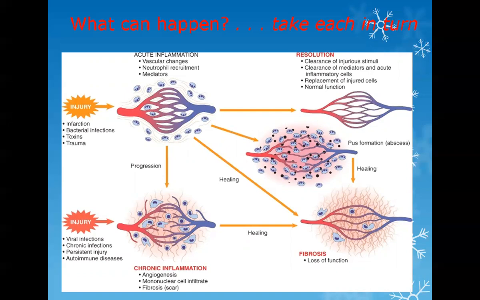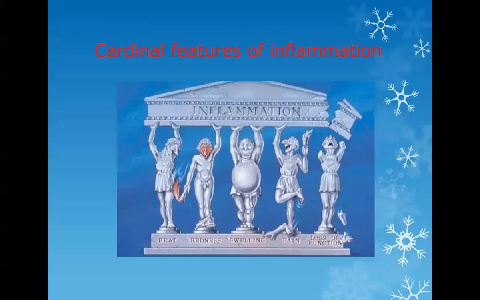All the neutrophils are gone, taken over by lymphocytes, plasma cells, macrophages, and this chronic inflammation heals by fibrosis. And sometimes it does not. There are some diseases like rheumatoid arthritis where this chronic inflammation prolongs and remains throughout life. So this was all about inflammation.